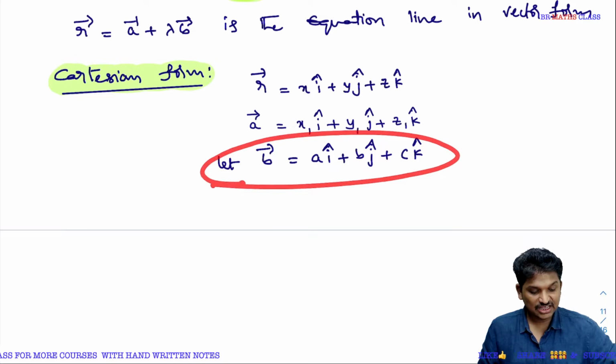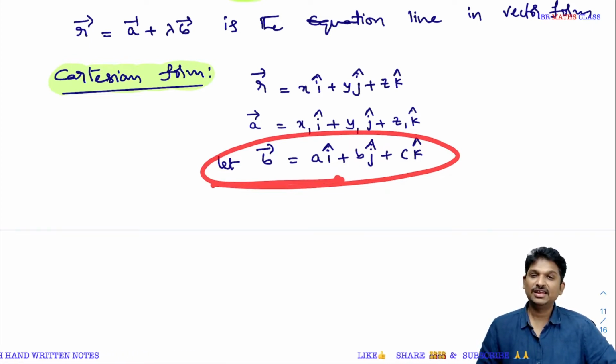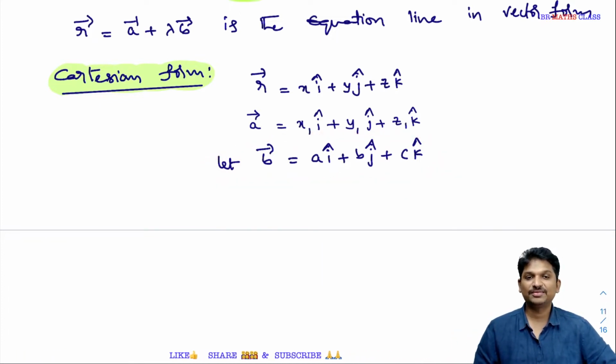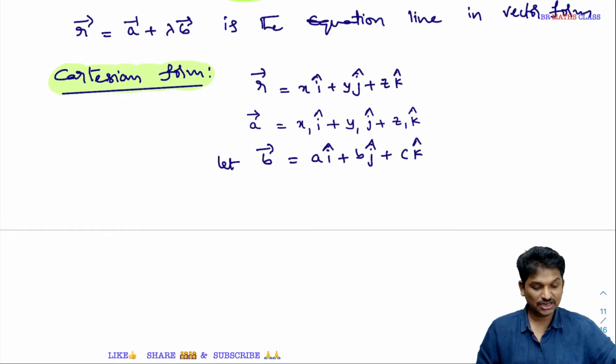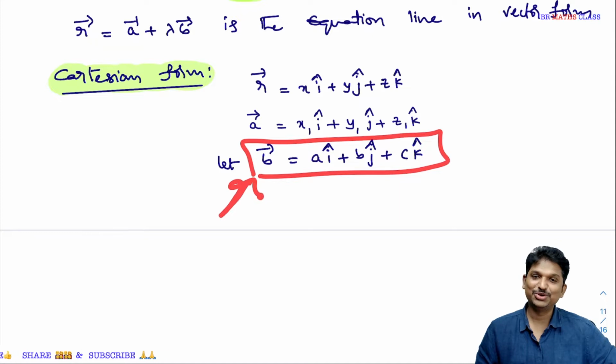This vector they'll give in the question while solving equation of a line in Cartesian form, right? Find the equation of so and so line which is parallel to so and so vector. While doing the problem they'll give this in the question only.